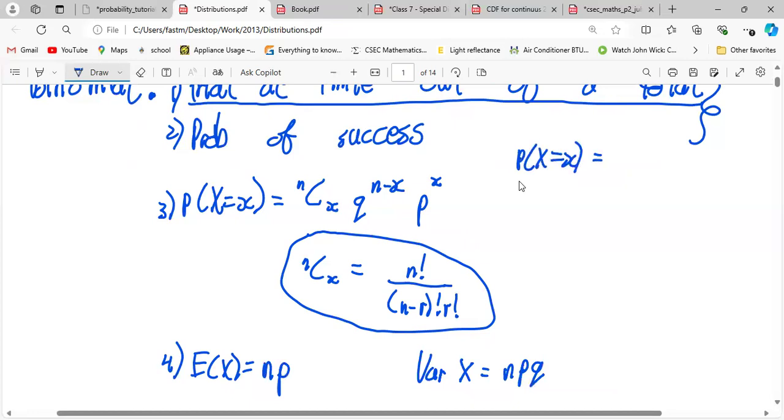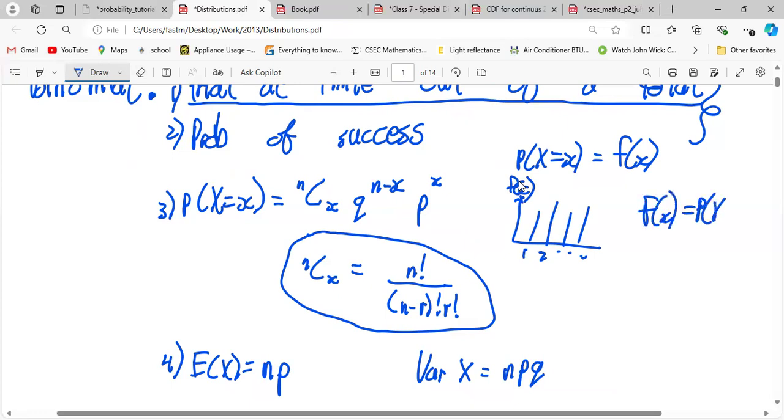This is where you will get your PDF from. Remember, a PDF for discrete does look like this, at distinct points. From here we'll get your PDF, and then the CDF is always the same. The CDF is capital F of x, and it's basically the probability X is less than or equal to x.